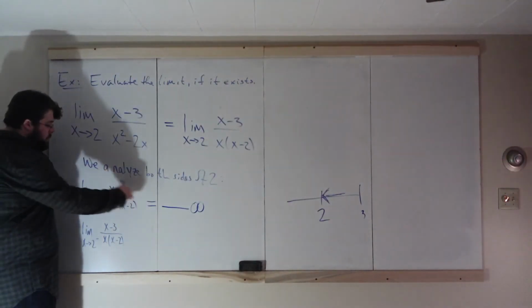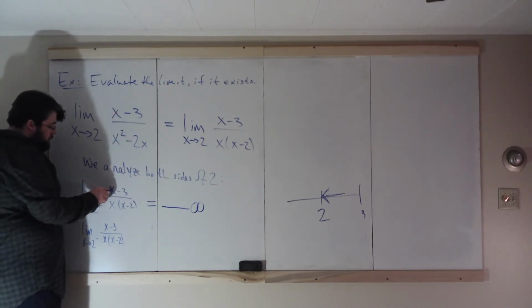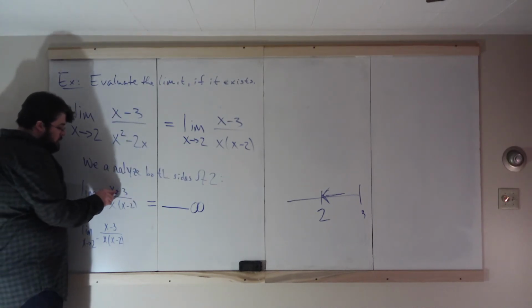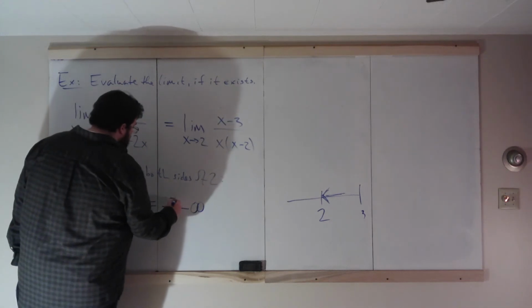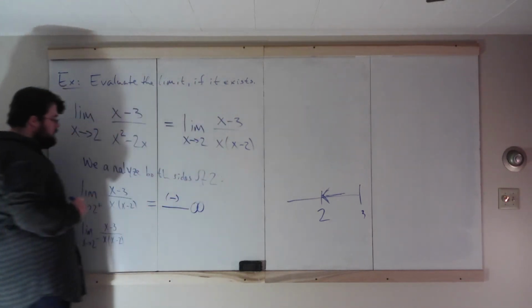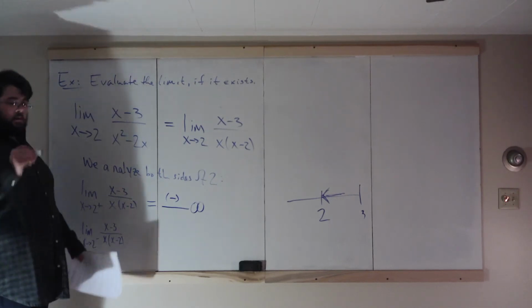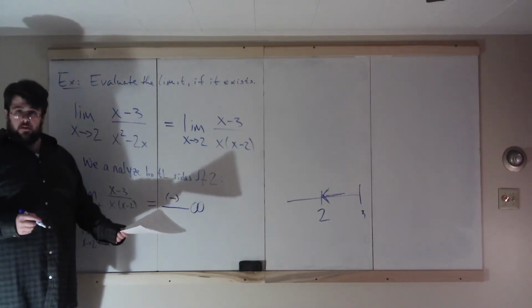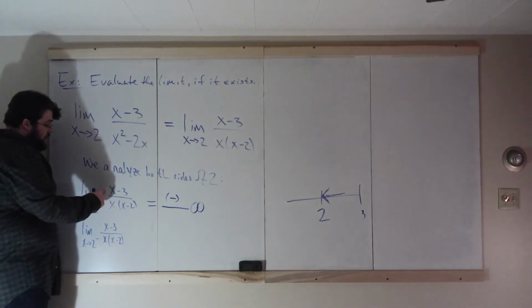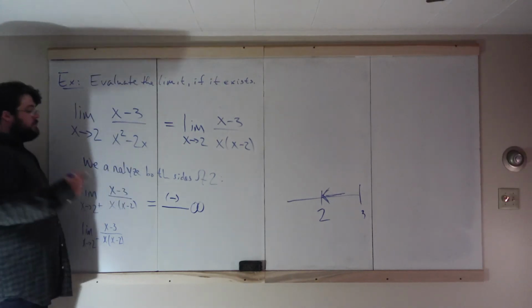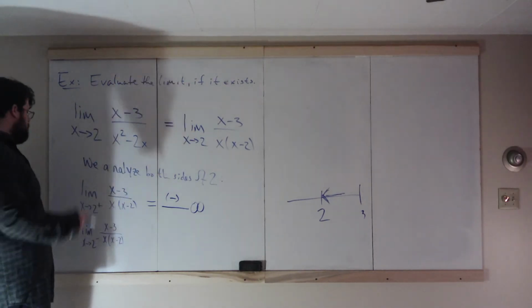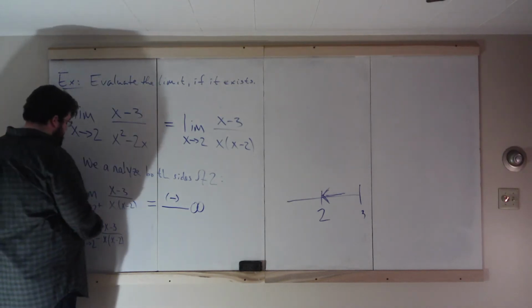What happens when we substitute into the top? A number really close to 2 on the right, minus 3, is a negative. The fact that it's a number doesn't matter. The fact that it's a negative is what matters. And let's do that on the bottom.